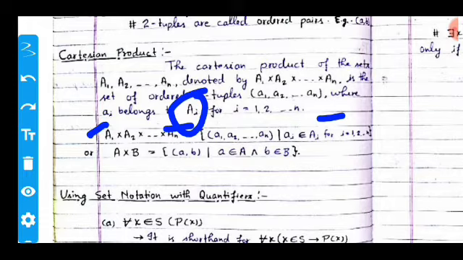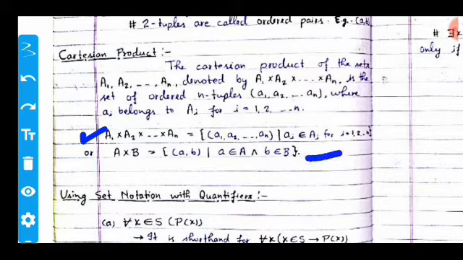Now the Cartesian product of A1, A2 ... An equals the set of (a1, a2 ... an) such that ai belongs to capital Ai for i equal to 1 to n. Or the Cartesian product A Cartesian B equals the set of (a, b), such that a belongs to capital A and b belongs to capital B.